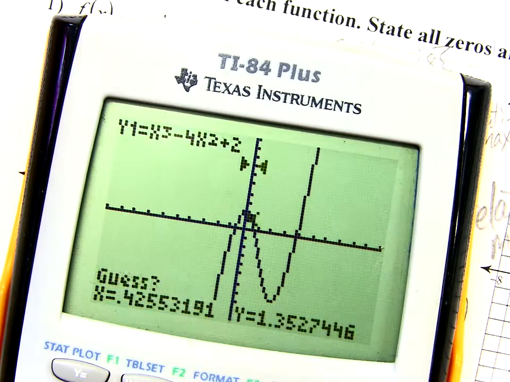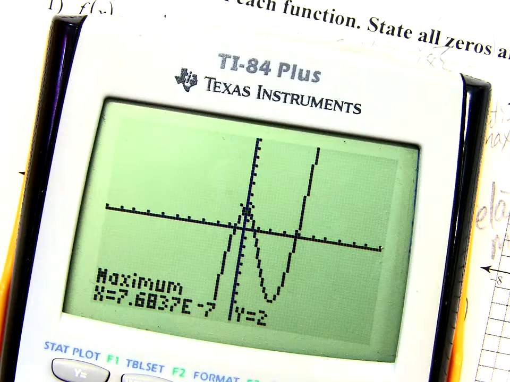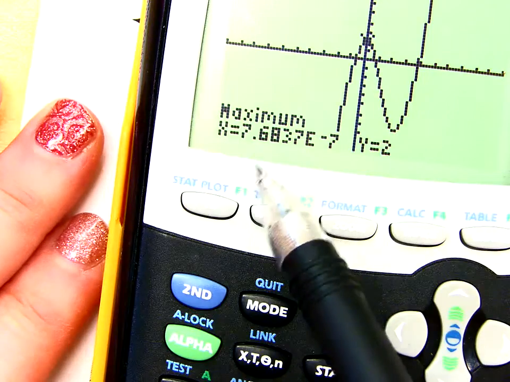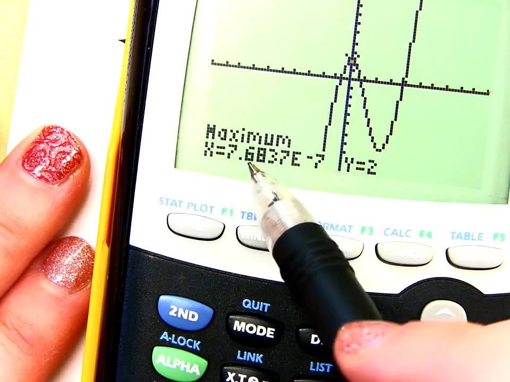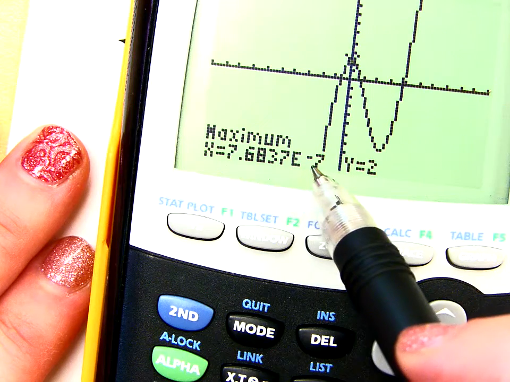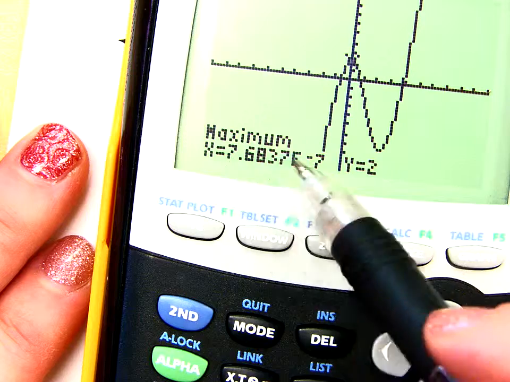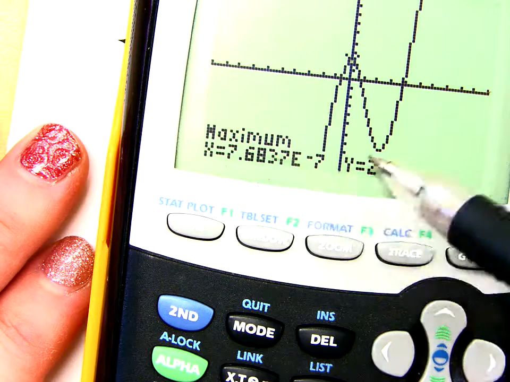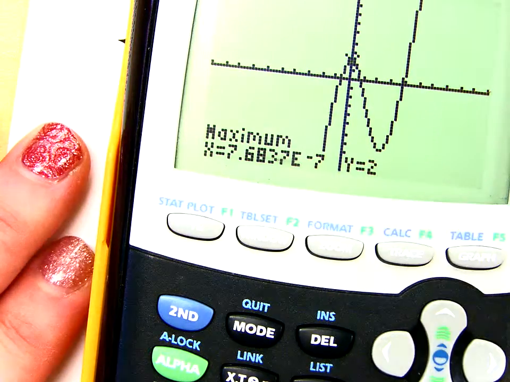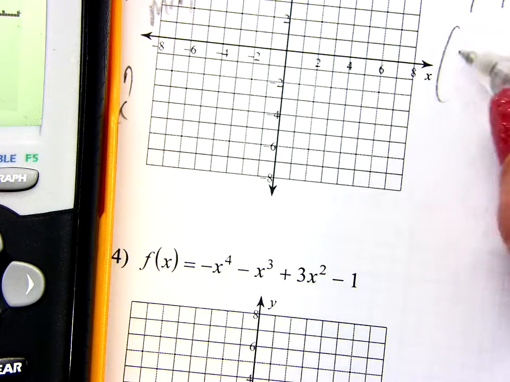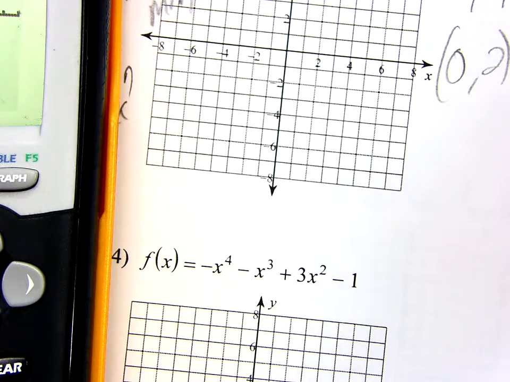Make sure you're to the right of it. Oh, see, this time now it came up in the x. See, I have that number, e negative 7. That's just 0. It's just a funky little thing, it's just 0, comma 2. So I have 0, comma 2 is a relative max.